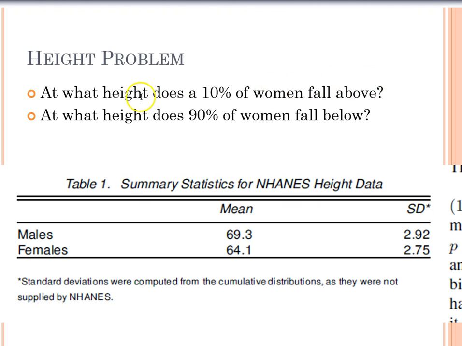So to find the height that's associated with the upper 10% of women would have the same answer as one that looks at a height of 90% of women falling below. So again, we're using that concept that 100% of the women fall within the range of possible heights. If we only want to look at the upper 10%, that's going to give us the exact same number as looking at the lower 90%.